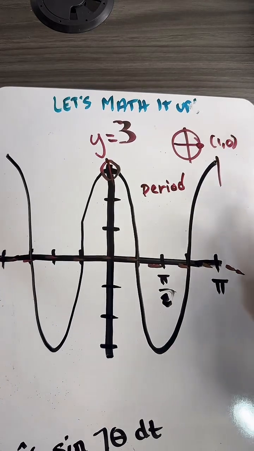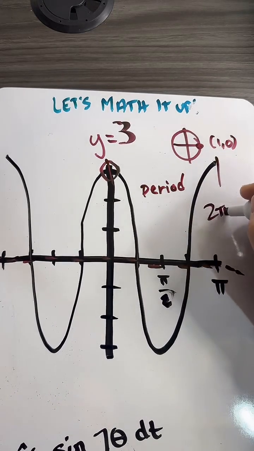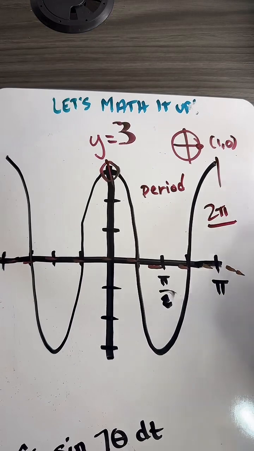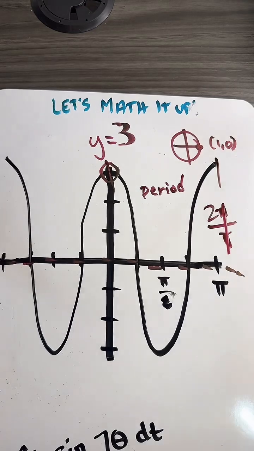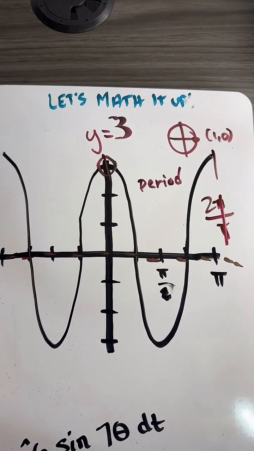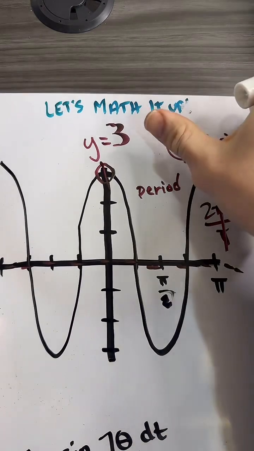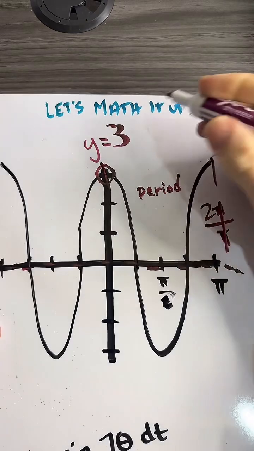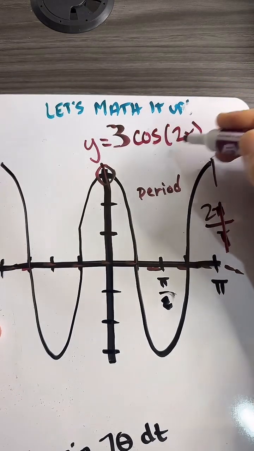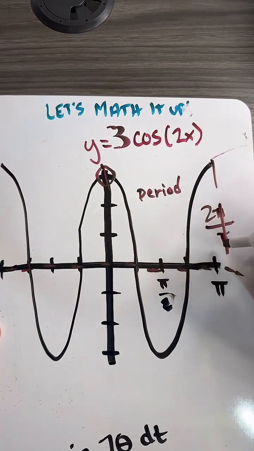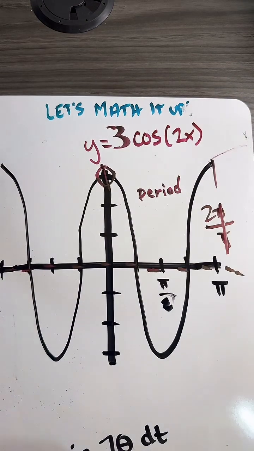So to find the period, we're going to do 2 pi divided by what our period is here. So it looks like our period is pi. So that means the number in front is going to be 2. So I think what we're looking at is 3 cosine of 2x. So this 2 comes from this right here. This 2 comes from that.